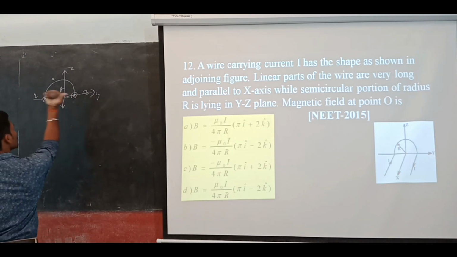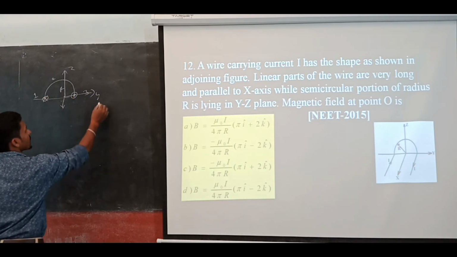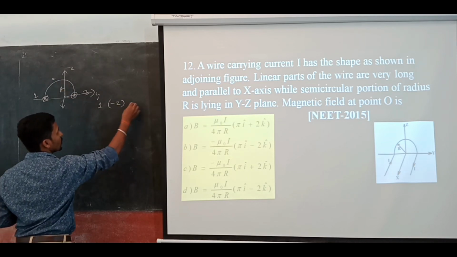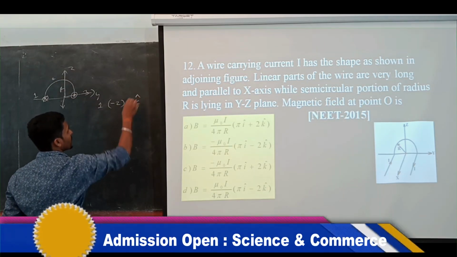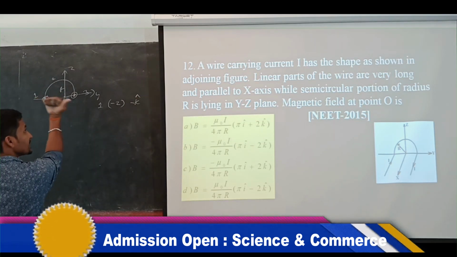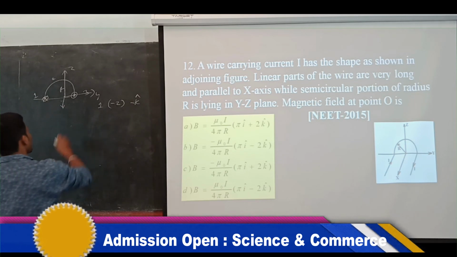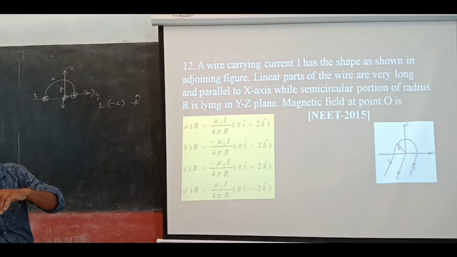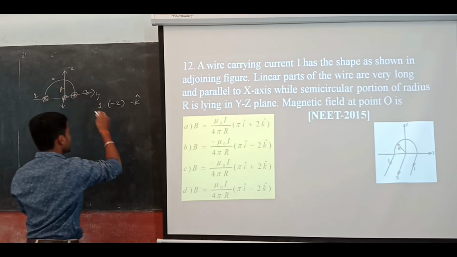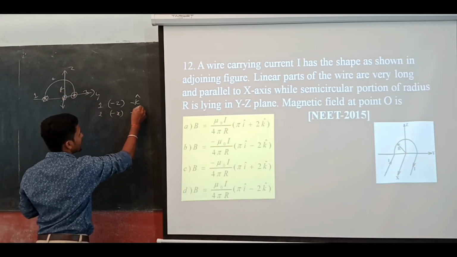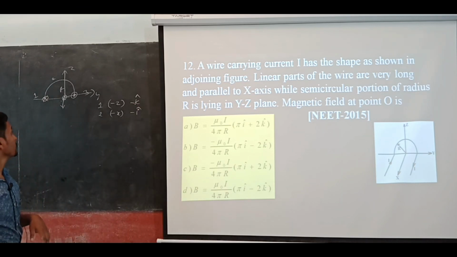Because of 1 it is minus z axis, that is minus k. Because of 2, that is in this way, towards you, that is the x axis, minus x axis, that is minus i in the direction.